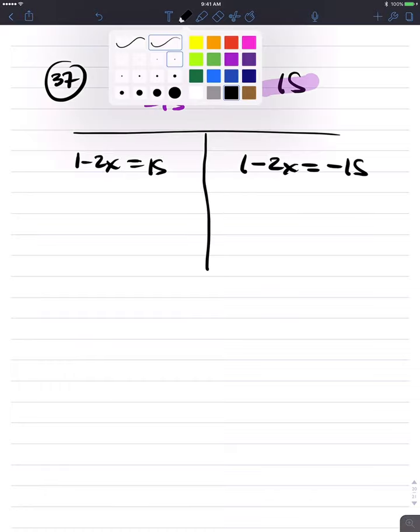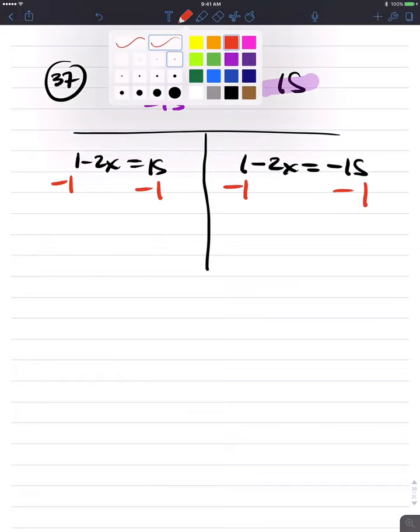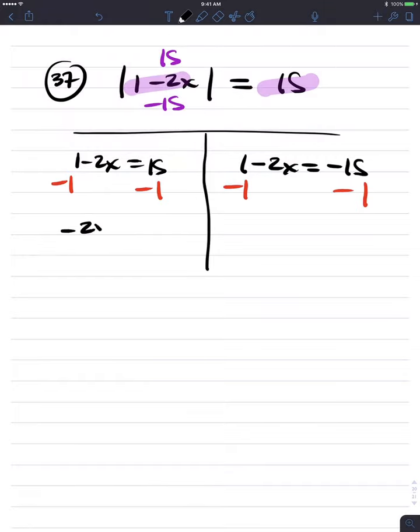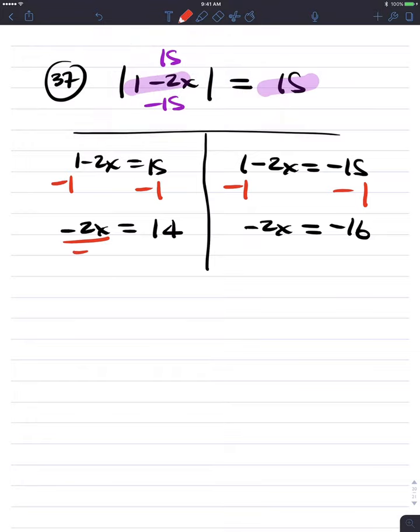Let's solve these equations. I'm going to subtract 1 from both sides for both equations, and we're going to end up with negative 2x is 15 minus 1, which is 14. Negative 2x is a negative 16. Divide both sides by negative 2.